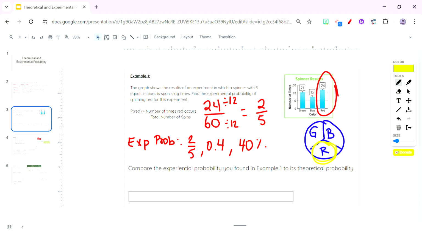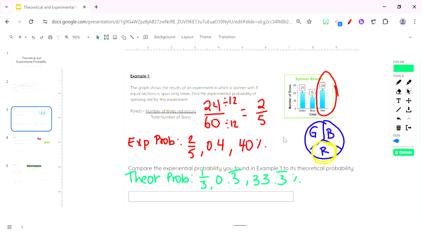That is 1 out of 3. Okay, so your theoretical probability would have been 1 out of 3, or 0.3 repeating, or 33.3 repeating percent. Okay, so there's our experimental probability in red, our theoretical probabilities in green.